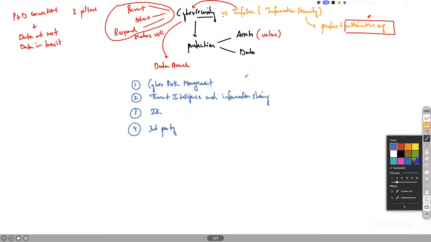Okay, and I'm pretty sure a lot of you must have heard some of these frameworks. Some of you might not have heard about these frameworks at all. So one of them is NIST CSF. Okay, so NIST stands for National Institute of Standards and Technology.